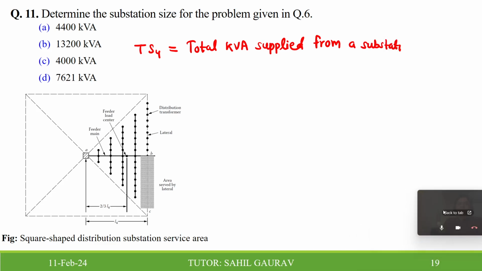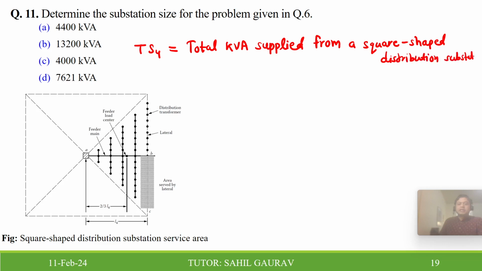From a square shaped distribution substation you can write. So this is the substation size only. So TS4 is the substation size or substation capacity, anything you can say.